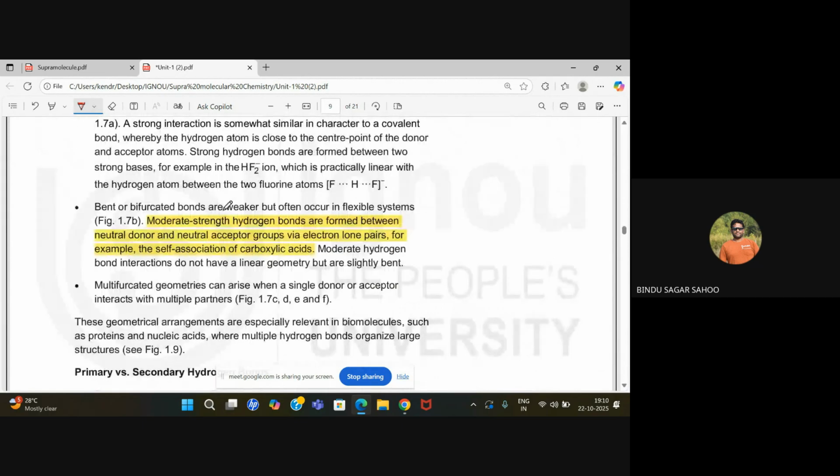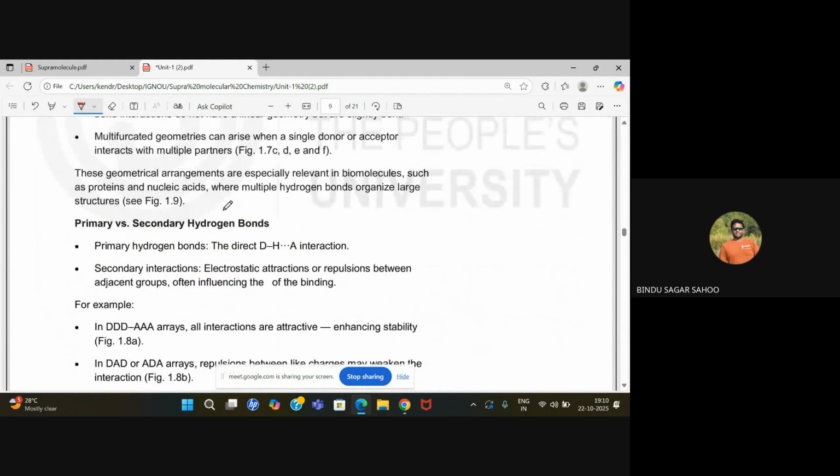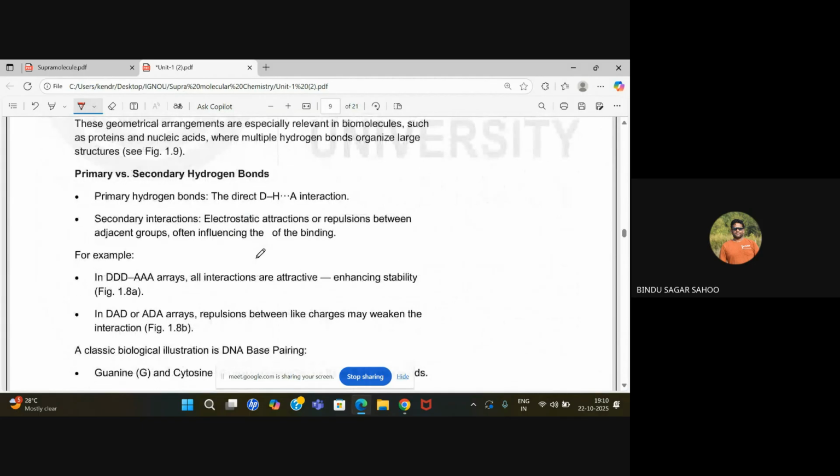Then again, this is called primary and secondary hydrogen bonds. We will discuss different types of primary and secondary hydrogen bond interactions. The direct D-H-A interaction is called primary hydrogen bonding interaction. The secondary interactions are the electrostatic interactions or repulsions between adjacent groups, often influencing the binding.